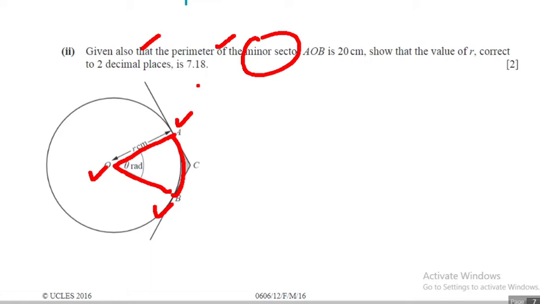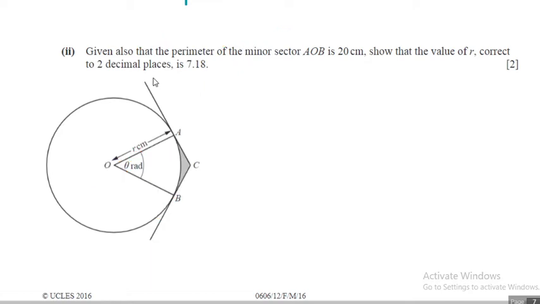So when they give you the perimeter, let's form the equation. Find the perimeter and equate it to 20. Perimeter, this plus this. If this is R, here also R, right? And plus that, that is the arc.